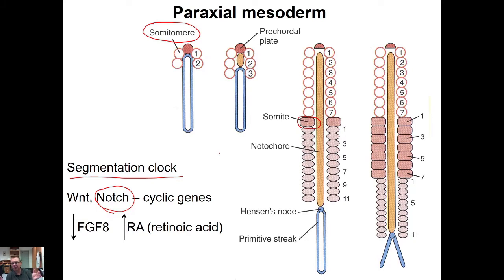It's between 42 to 44. 42 to 44 somites are developing, and the first of them is the first occipital one. So not the most cranial end of the paraxial mesoderm.